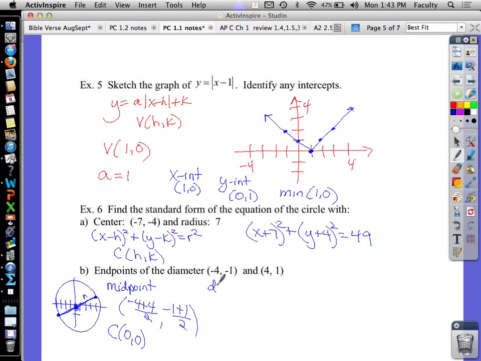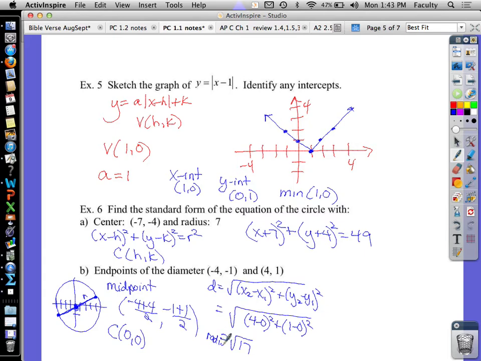So let's use our distance formula. And let's refresh our memories on this one. And I'm going to use the center, and then I'm going to use 4, 1, just because that's easier than dealing with the negatives. So I'm going to go 4 minus 0 squared, 1 minus 0 squared, and this is actually giving me the radius.